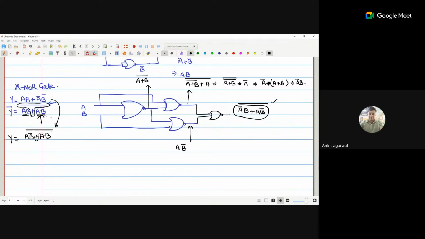And this plus and this inverter is a NOR gate. So you require two terms: one is AB bar and one is A bar B. So AB bar here, A bar B here. Now feed this to the input of NOR gate, so you are getting an XNOR gate.